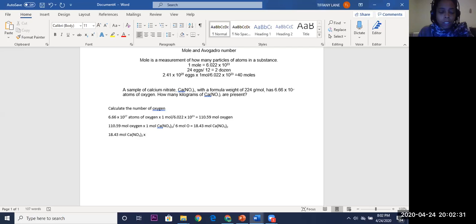Okay, just doing math on the computer is something interesting. So that is 224 grams per mole divided by one mole of calcium nitrate.